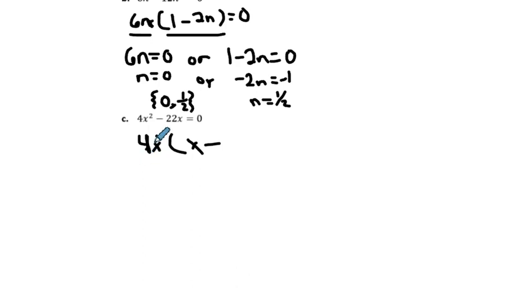So you cannot factor out 4x like some of you tried to do on your test. We're always looking for integers when we take out the greatest common factor, when we divide out the greatest common factor from each of the terms. So here, the largest number that both 4 and 22 are divisible by is a 2, and then x squared and x are both divisible by x, so 2x is the greatest common factor.